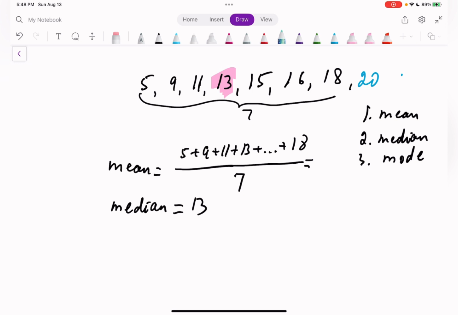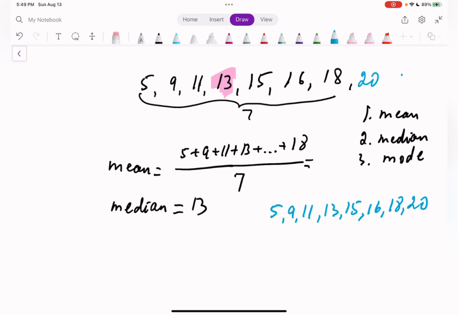Then how are we going to figure out the median in that case? Let me write down 5, 9, 11, 13, 15, 16, 18, 20. And keep in mind, it's crucially important to find the median that you arrange numbers in ascending order.